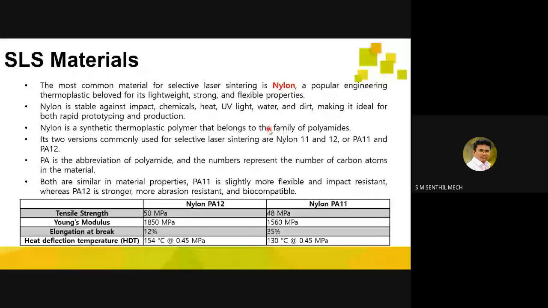There are two commercially used versions of this nylon: nylon 11 and nylon 12, which are called PA11 and PA12. These material types have been developed exclusively for the selective laser sintering process.